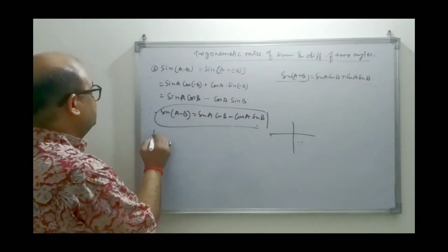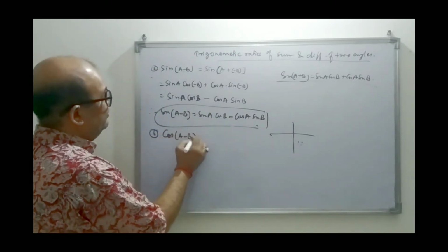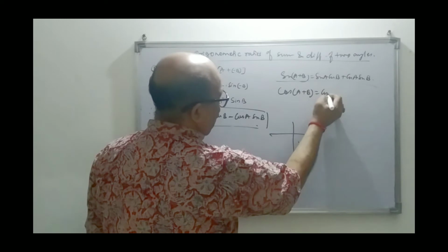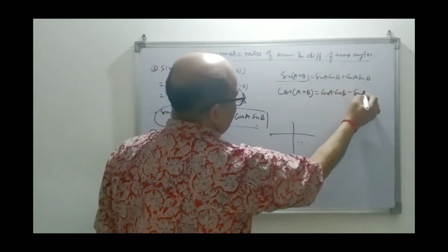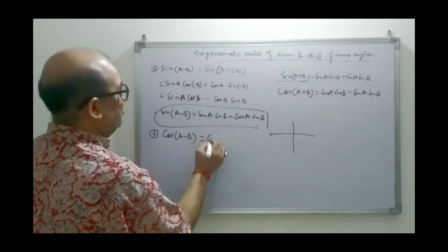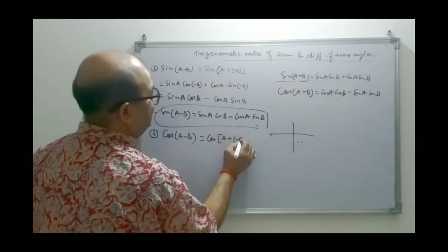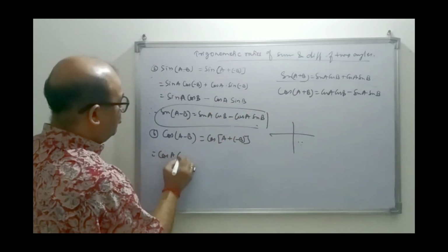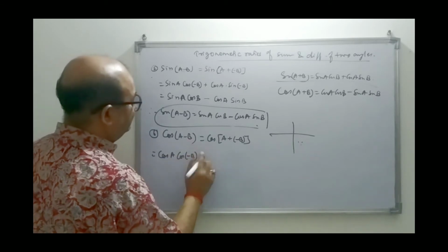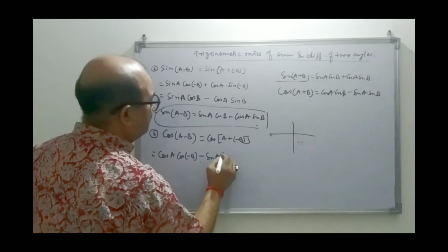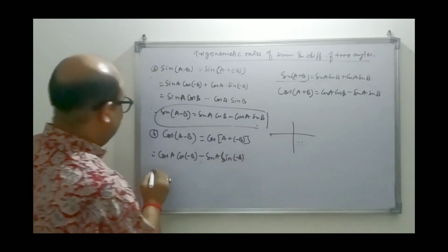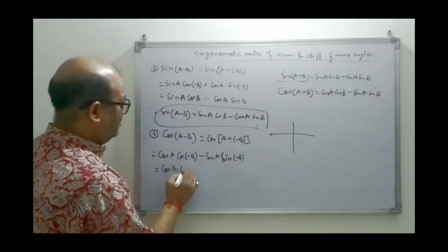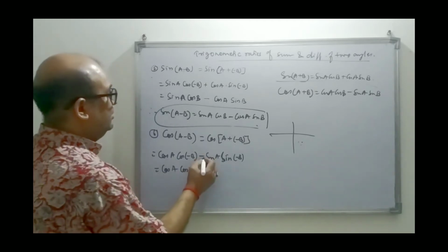Now let us see cos A minus B. What I know is cos A plus B equals cos A cos B minus sin A sin B. This can be written as cos A plus minus B. Thus, you can write cos A cos minus B minus sin A sin minus B. Now cos minus B in the fourth quadrant is cos B. Cos minus theta is cos theta.